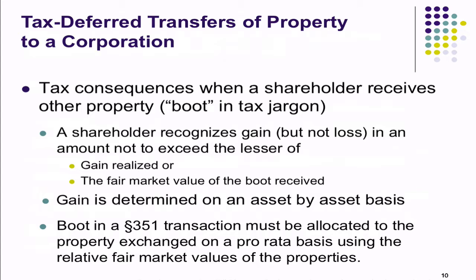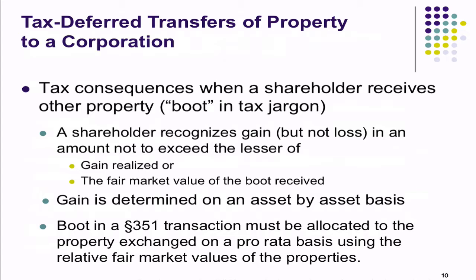So let me give you guys an example. Let's say I just did a 351 transaction with a new corporation I want to be involved with. What I gave it was some appreciated property, some appreciated land that I have, the idea being that the corporation will build its facility on my land. In return, I got stock equal to probably the fair market value of the land, and in addition, say the corporation gave me $1,000.